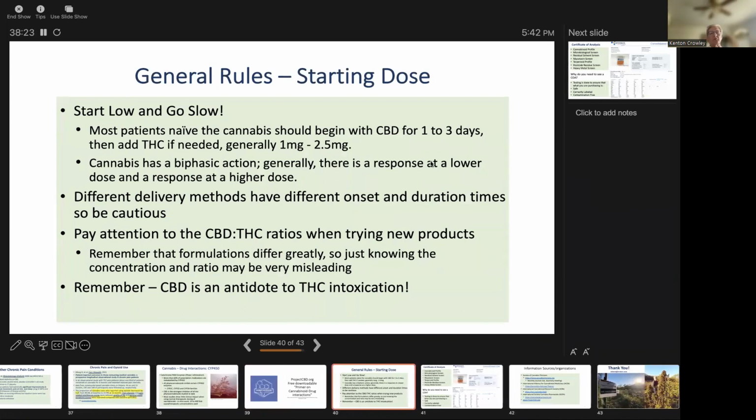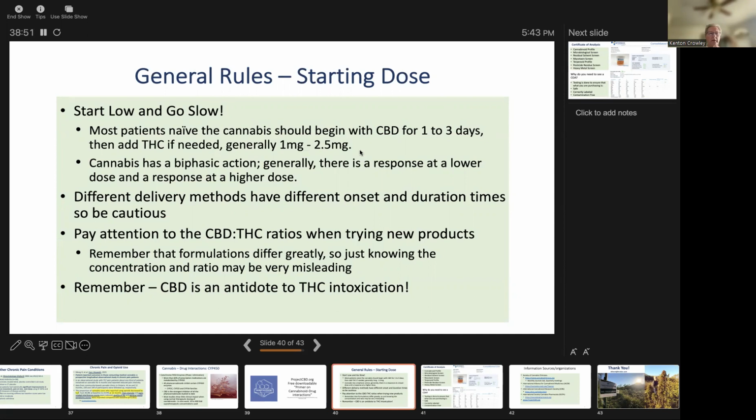So, general rules of starting doses. It's always good to start low and go slow, because at some point there is a lower dose that's going to get a patient a beneficial effect before that changes and you lose that benefit. And then at a much higher dose, possibly you'll again get a benefit.